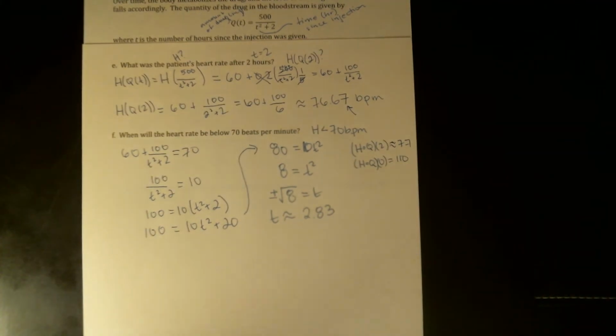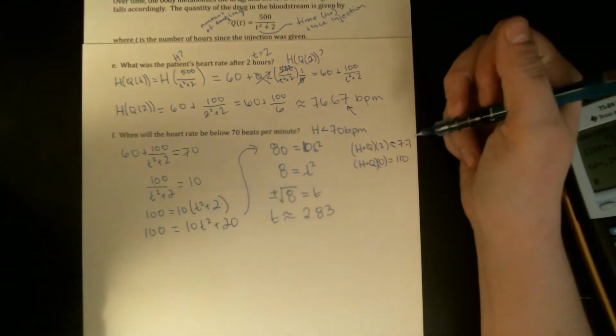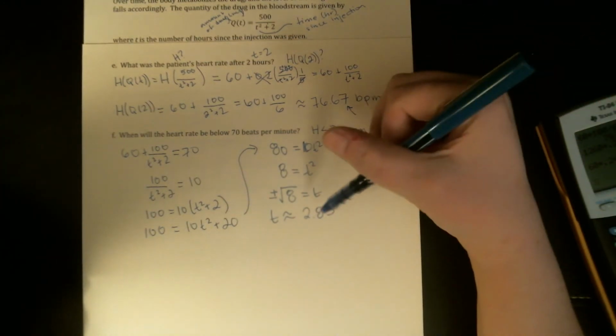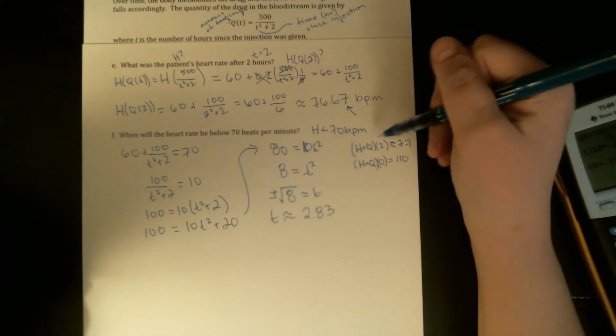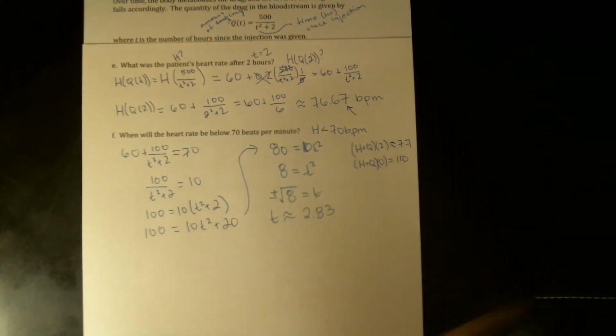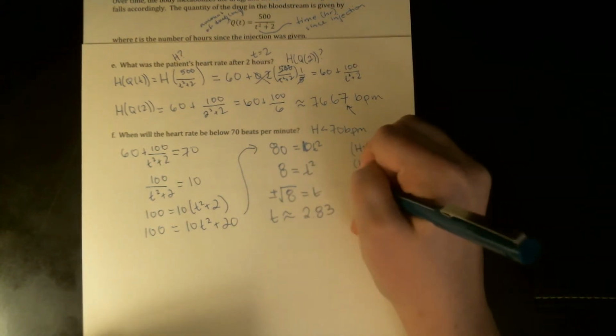Let's double check my arithmetic. 60 plus 0.2 times, what were we plugging in? 250. Hold on, I can't type. I've got extra digits. Okay, 110, yeah. So it appears that before we hit the 2.83 hour mark, our heart rates were above 70. We could check the 3 hour mark.